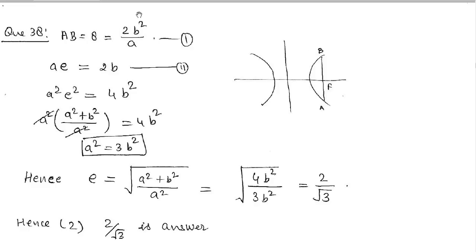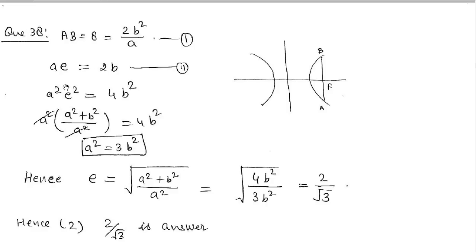The formula for the latus rectum is 2b square by a, and there was another relation given: the conjugate axis is equal to the semi distance between foci. So the distance between foci is 2a, and we get this relation.